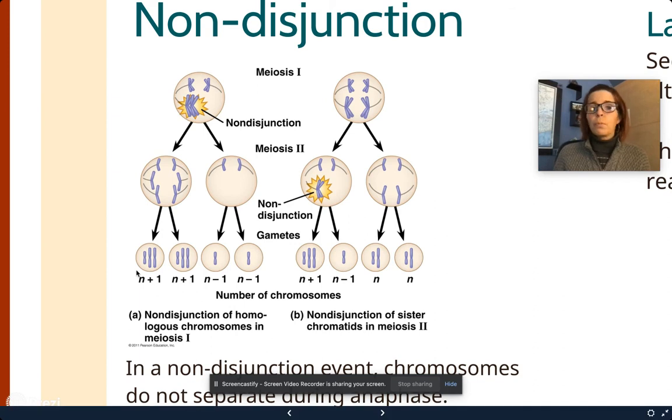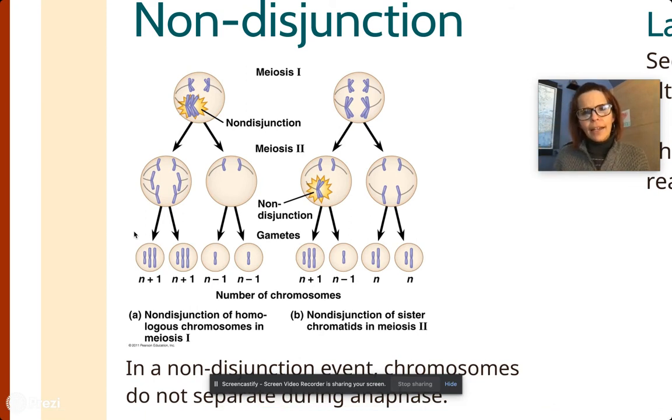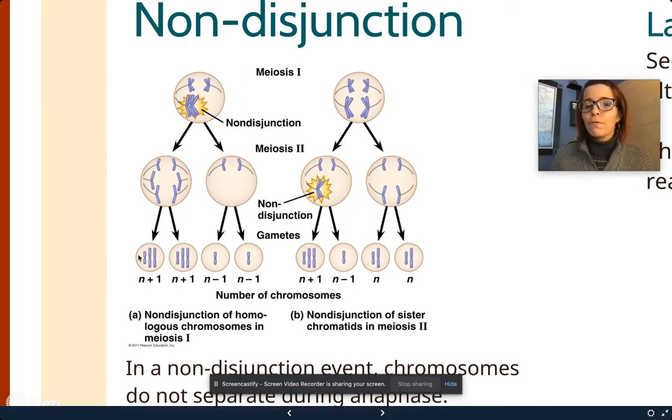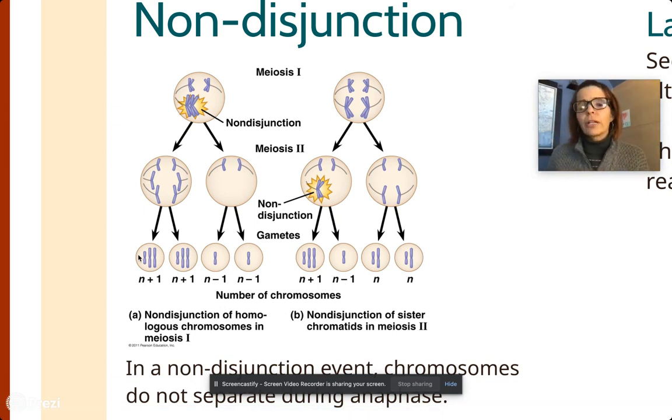Now let's say those are sperm. If the sperm that has the extra chromosome fertilizes an egg, let's use humans as an example, this sperm would have 24 chromosomes and it fertilizes an egg that has 23 chromosomes. You end up with a human, instead of having 46 chromosomes, that has 47 chromosomes.